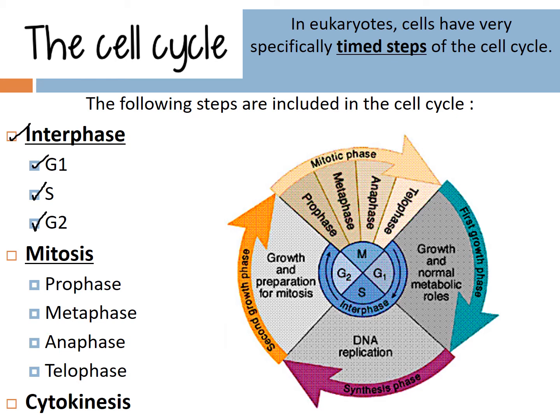Those are all a part of interphase. Okay, so that is right here. And we have mitosis, and mitosis has prophase, metaphase, anaphase, telophase. And then we go into cytokinesis. Those are all of the phases of the cell cycle.